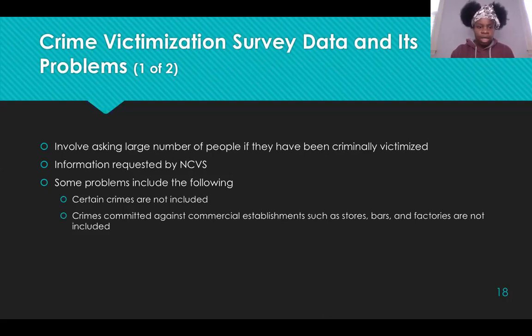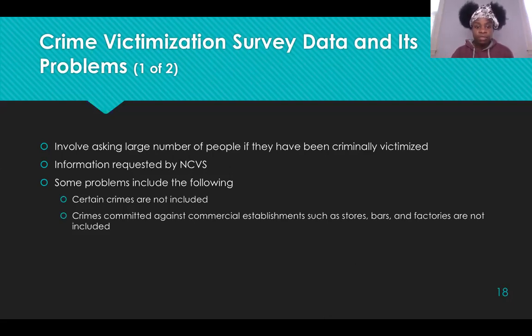Some problems, as I said we were going to get to, with this survey data include the following. Crimes such as drug dealing and all victimless crimes such as prostitution and gambling are not revealed in such surveys, for obvious reasons.